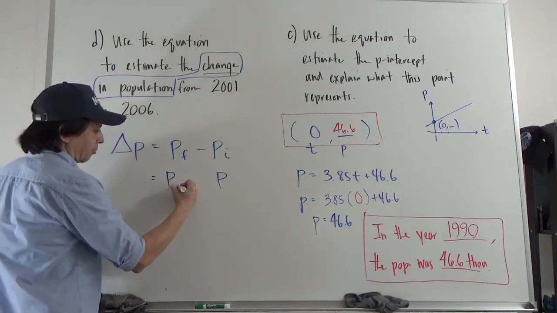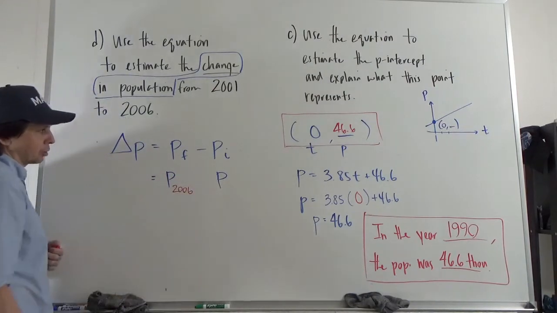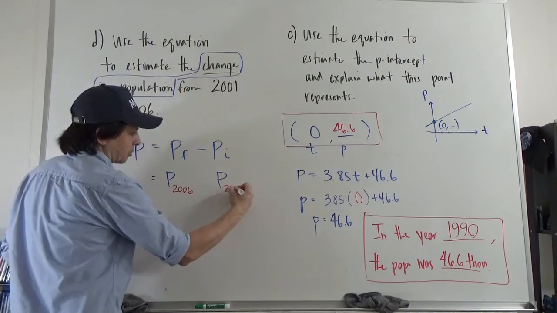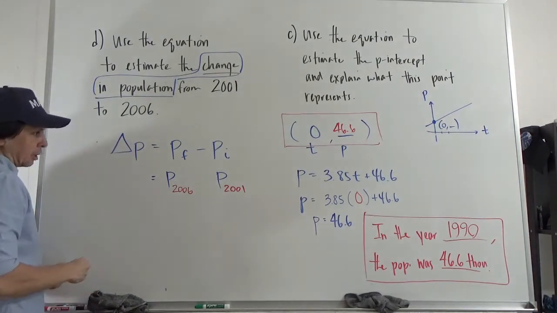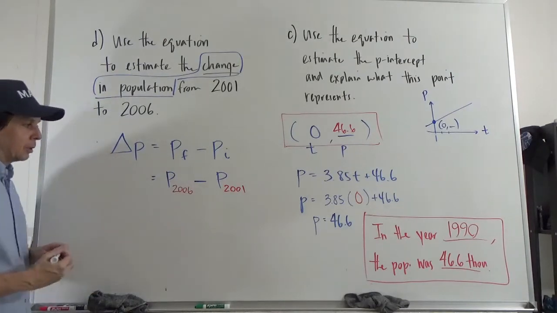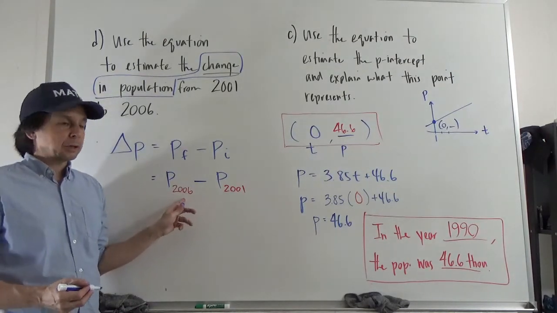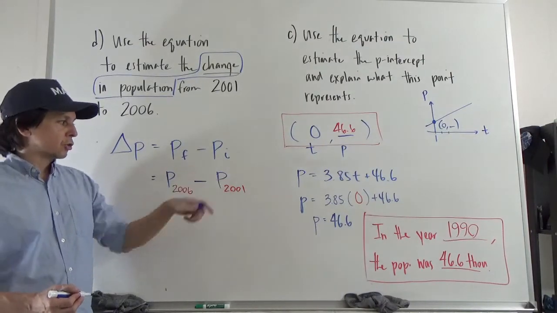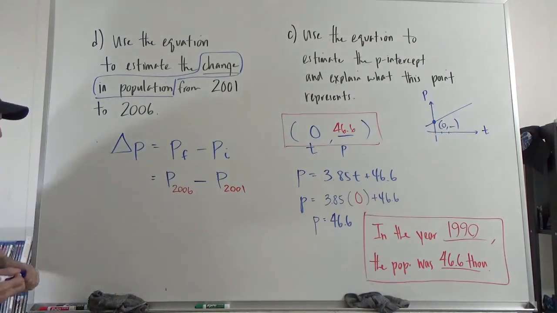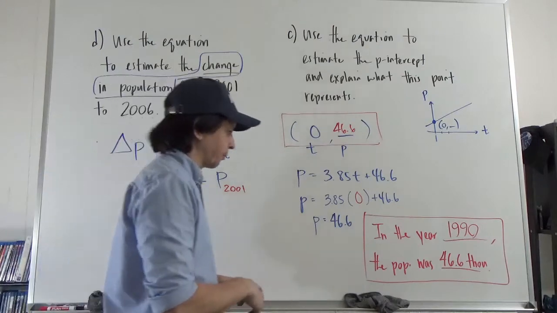So we have to calculate the 2006 population, we have to compute the 2001 population, and then we subtract the final population minus the initial over that period. So it's 2006 population minus 2001 population. Again, that's your final value, that's your initial value. We need those two values, and we don't have them right now.